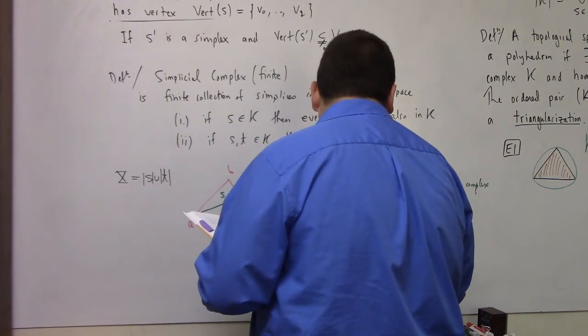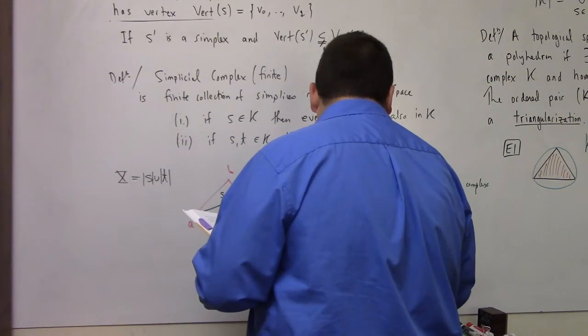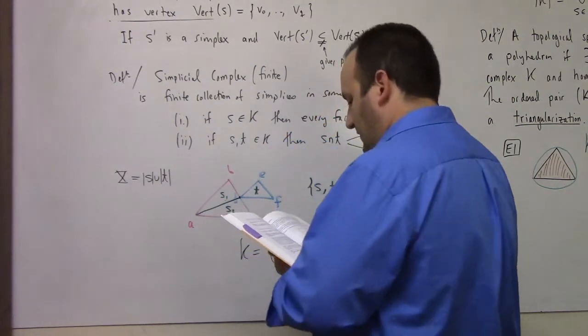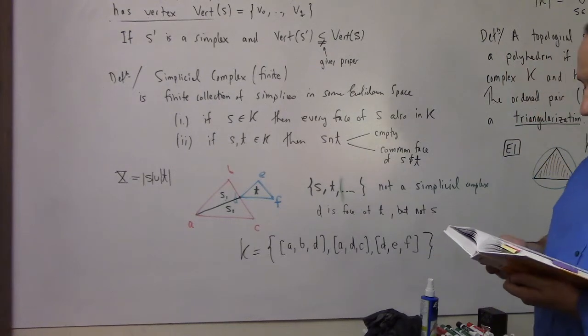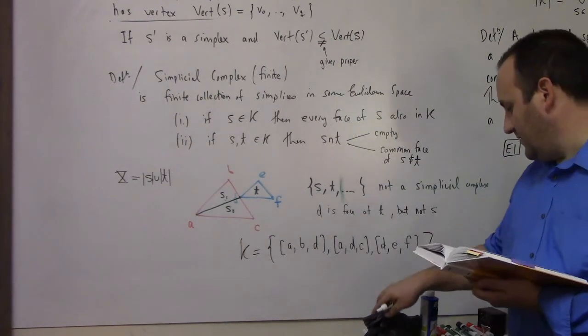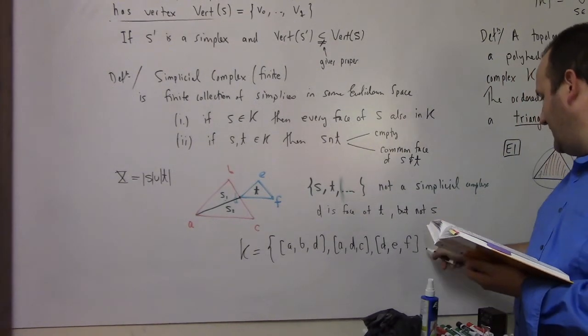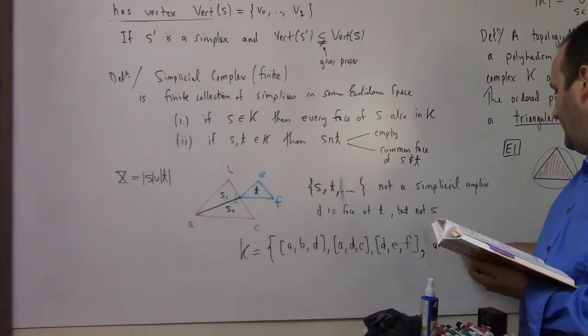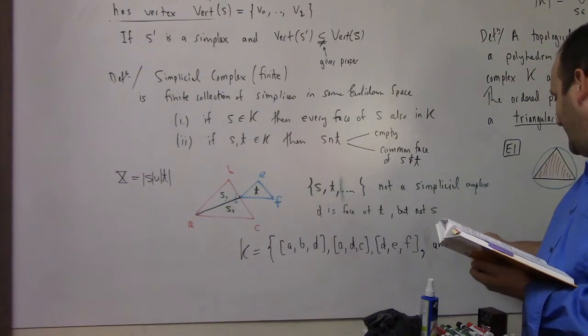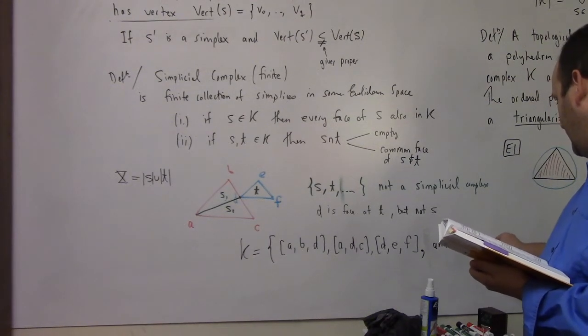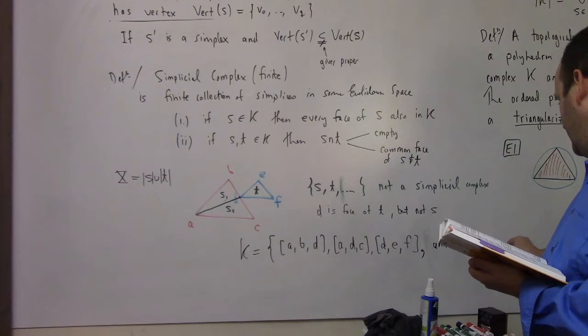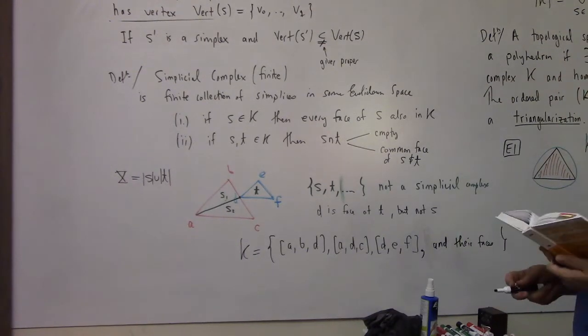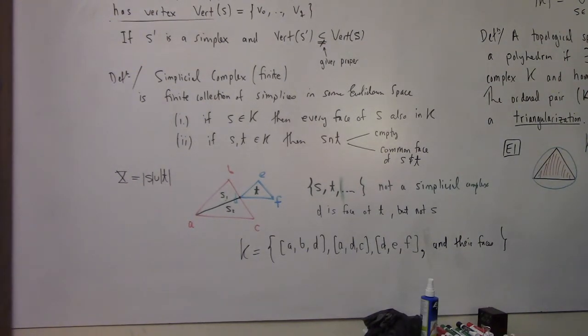Why does he just list these three things? Maybe I don't understand the notation. Oh, sorry, I just noticed, comma, and their faces. Okay. There should be some notation for that, like the closure under the face map or something.